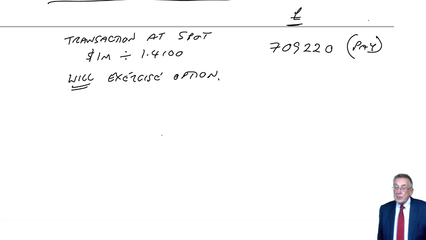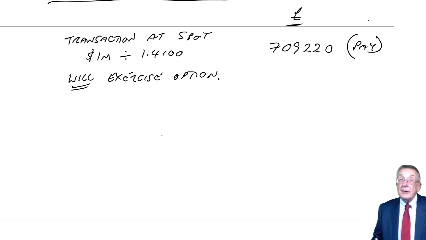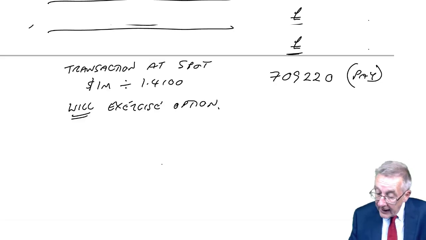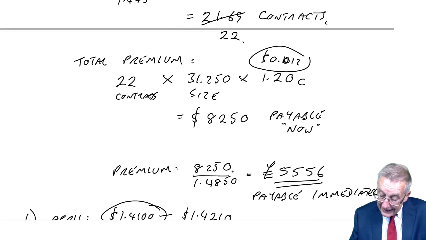Well, with traded options, we claim back the difference from the dealer. And so by exercising the option, we'll get back, on however many contracts we went for, the difference between the exercise price we paid for and the current spot. Well, how many contracts was it? It was 22 contracts.